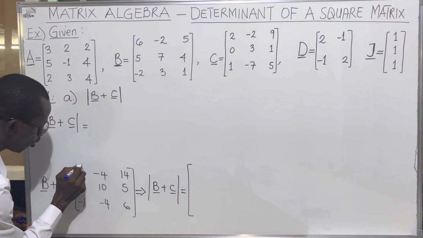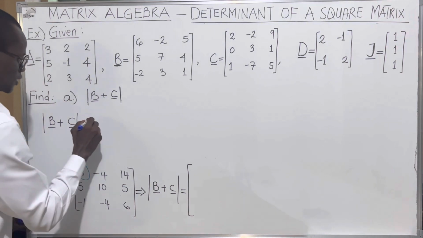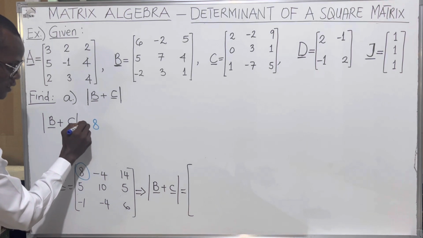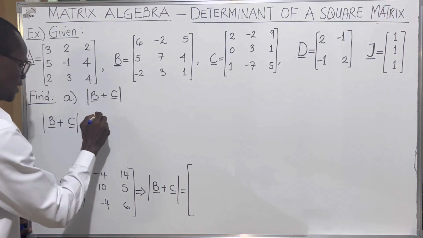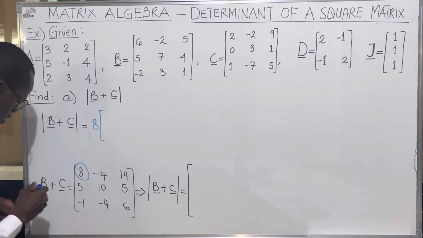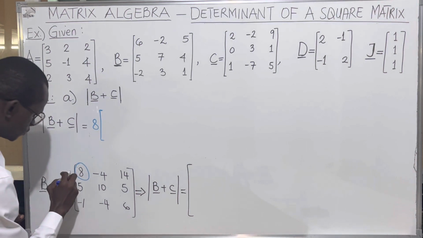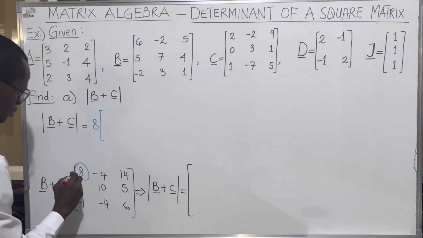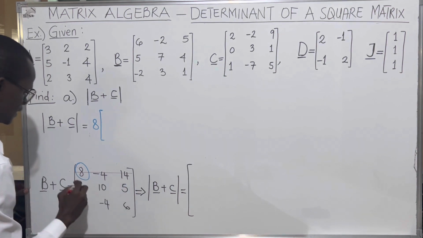Now we hold on to this. It's 8. Remember, we had a positive sign here, so this is positive. And then we cross out the rows, let me get a red marker, and the column.